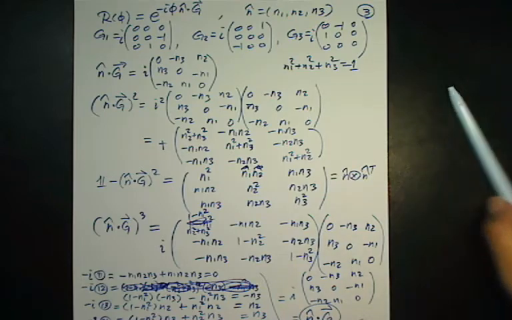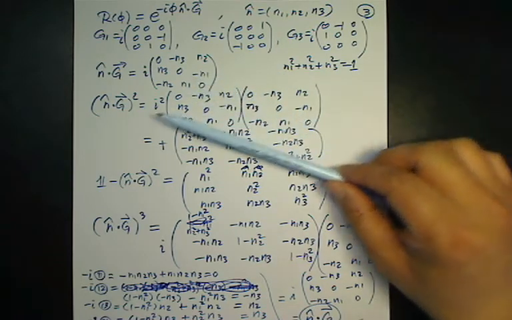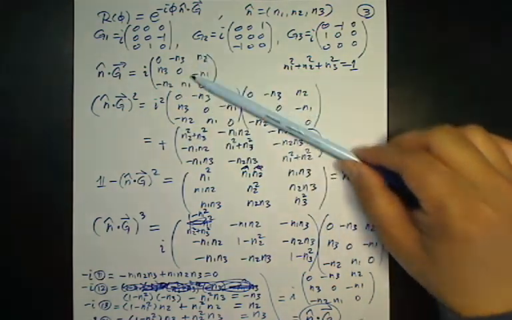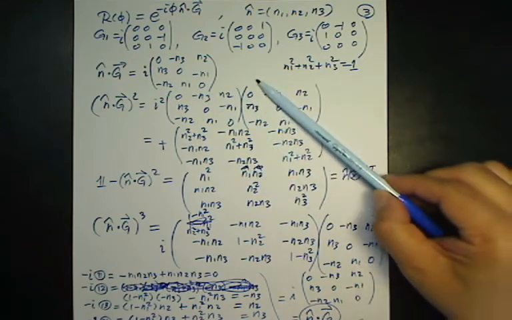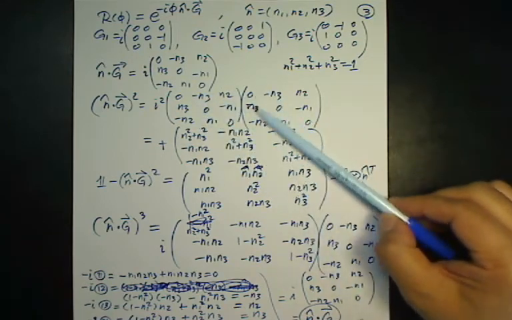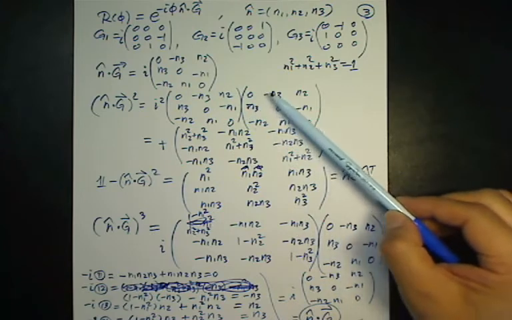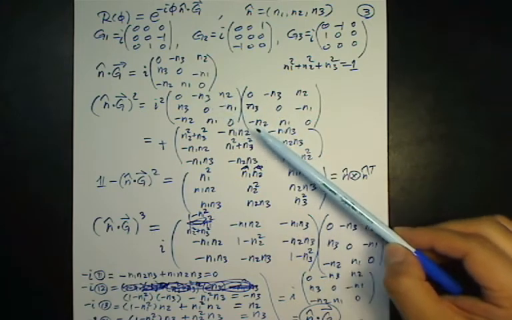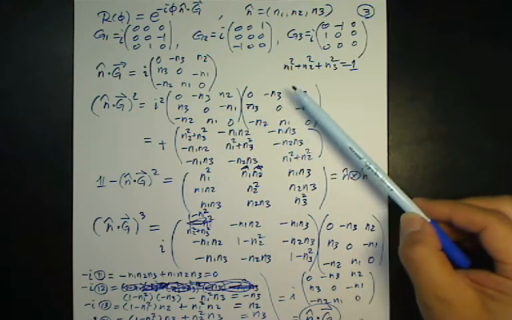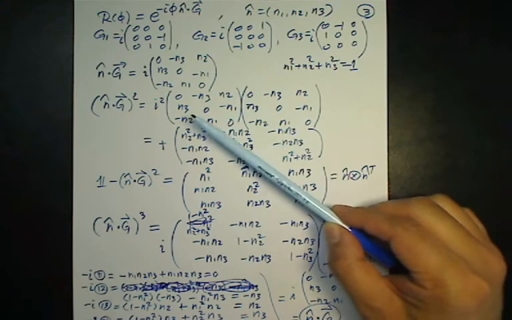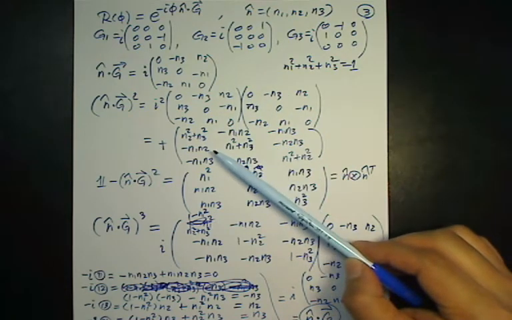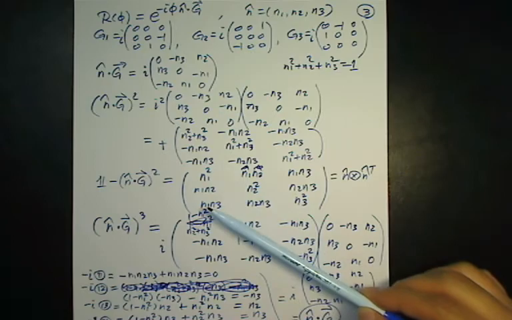So, using this, we just square the matrix. A tedious job, but multiplying these two matrices, we obtain n3 squared, n2 squared, minus n1 n2, and so on.